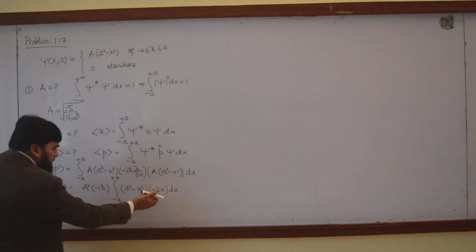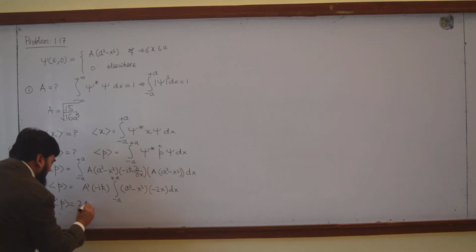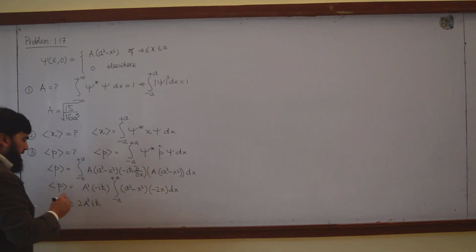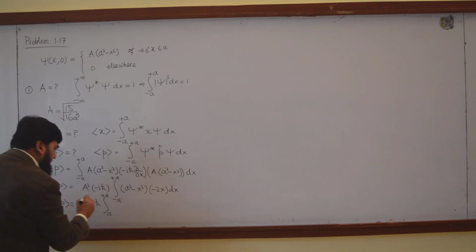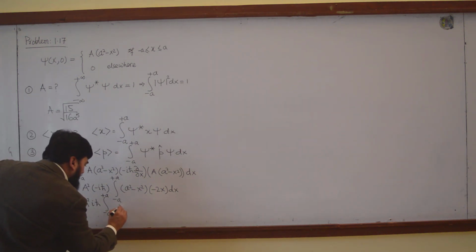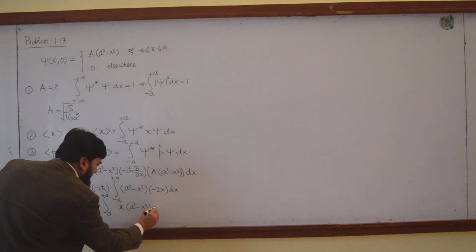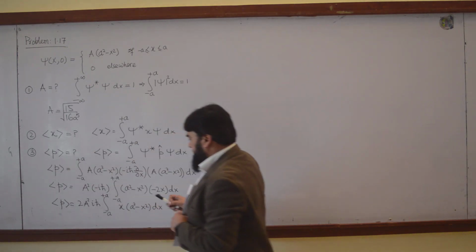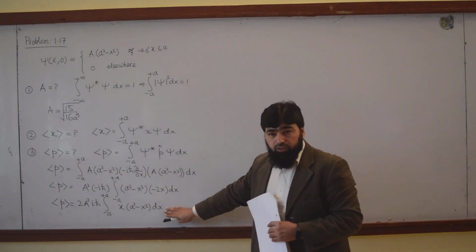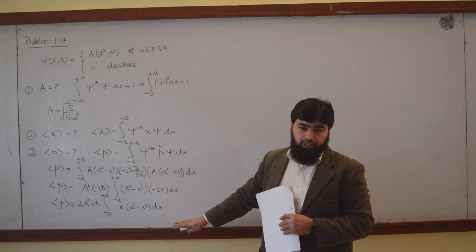Minus 2 will come out, so it will be 2a square i h bar, and then the integral from minus a to plus a of x into a square minus x square. Whenever your integral is simplified, always check one thing.